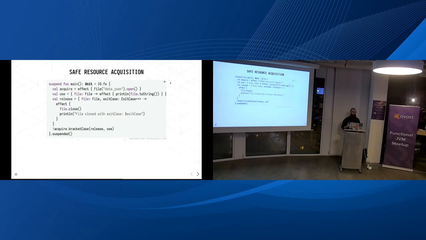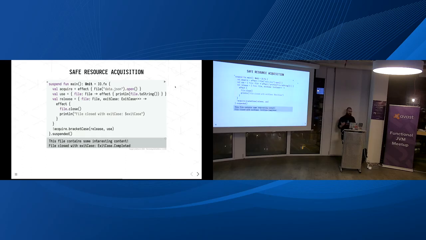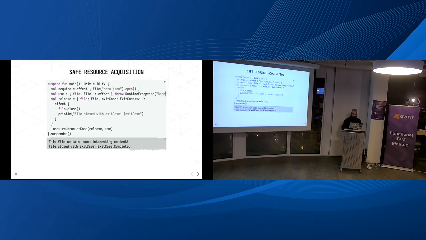So this means that we can compose very powerful effects, or IO effects, concurrent effects, and still deal with them in a resource-safe way. So as you can see here, the file contains some interesting content, and it was closed successfully. Now, the snippet for cancellation is a little bit more tricky, but I can show you this snippet for when something goes wrong.